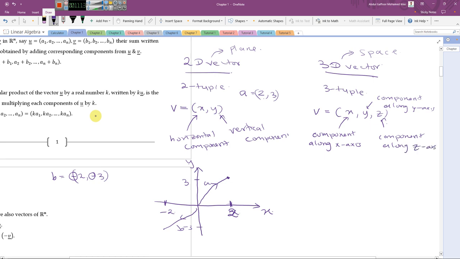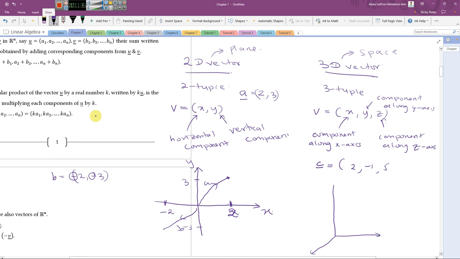Now if I take an example of C, vector C, right? So I have to put a line below this letter to represent or to mention that they are vectors. So C is equal to, let's say, 2 comma negative 1 comma 5, right? So this will be graphically represented this way.